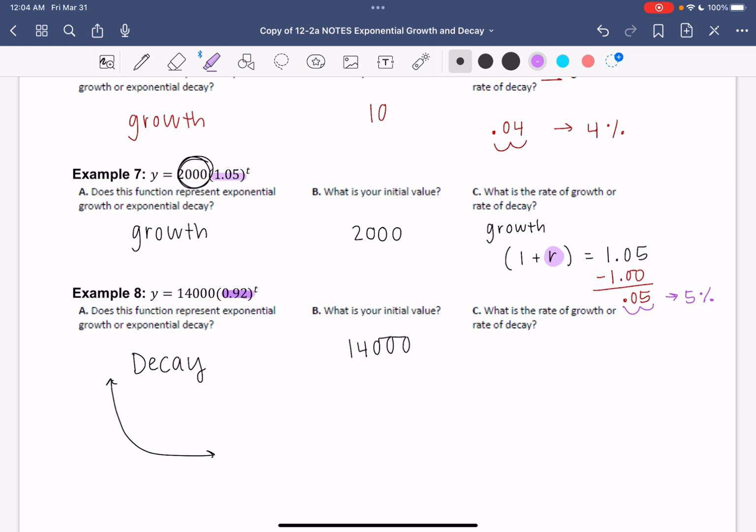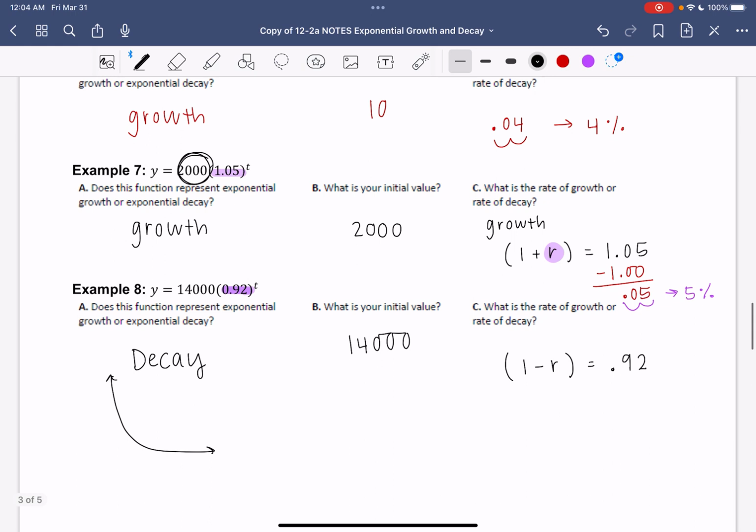So again, if it's a decay, that parentheses should be 1 minus the rate. And when we did that, we got 0.92. So we're going to subtract this 1.